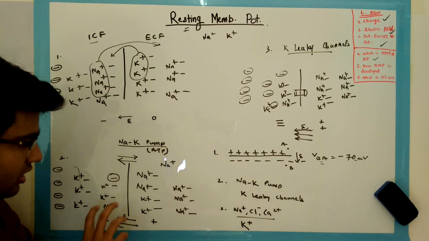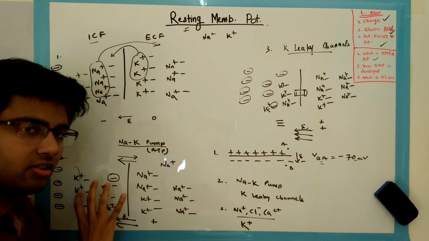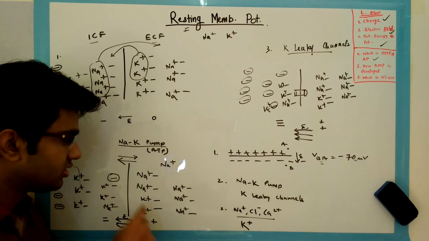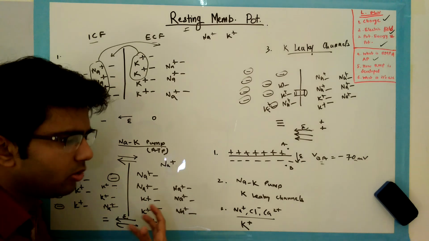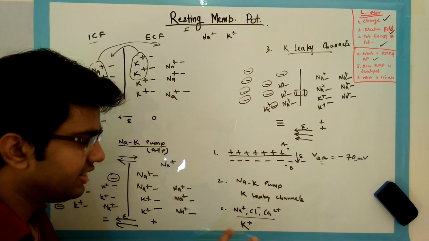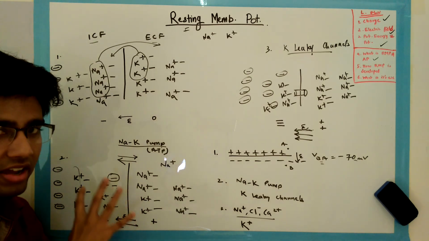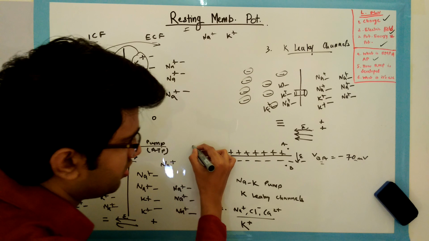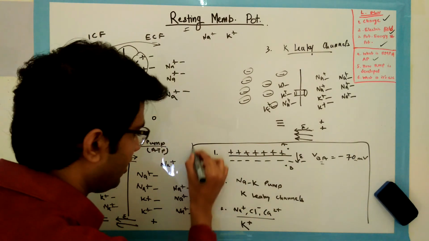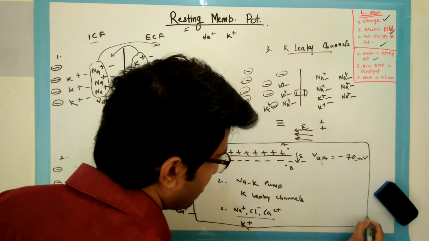See, I told you that under the concentration gradient, potassium ions will try to move outside, but still, since there is an opposing force due to the electric field, they will not be able to go as much, and still in the end the concentration of potassium ion inside the cell will be higher compared to outside. So these things you have to take away in this lecture.